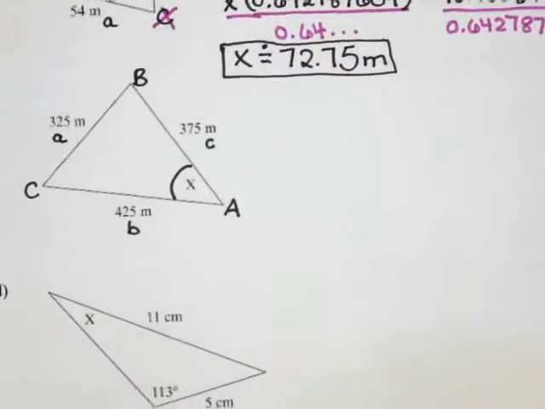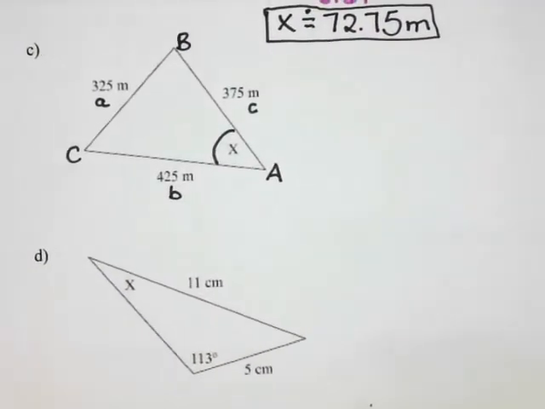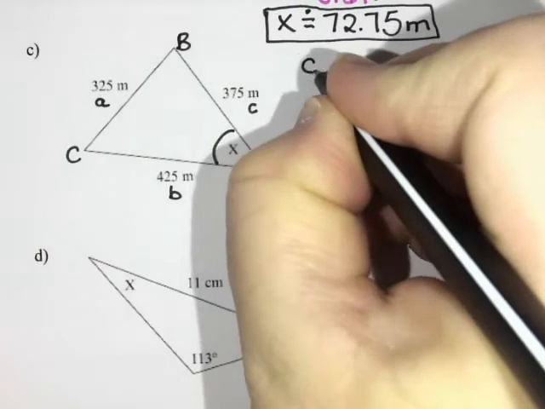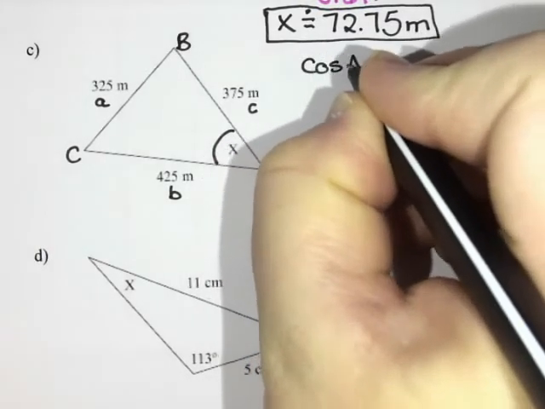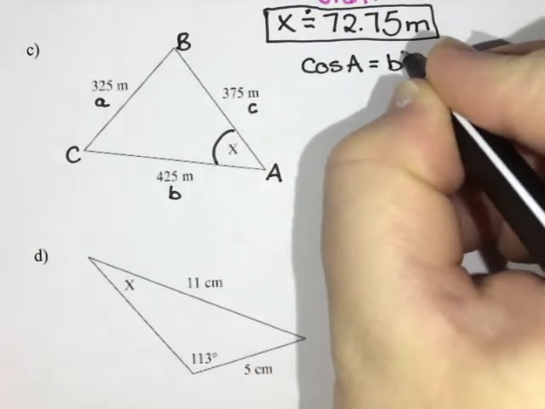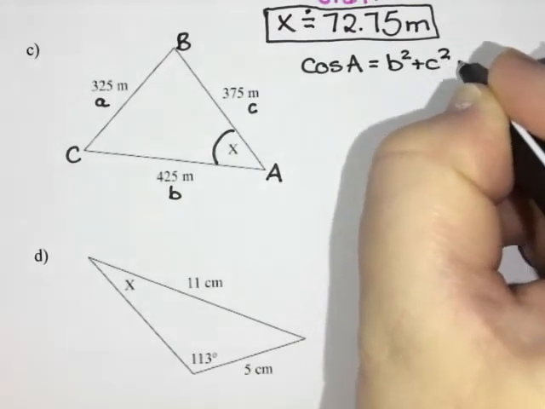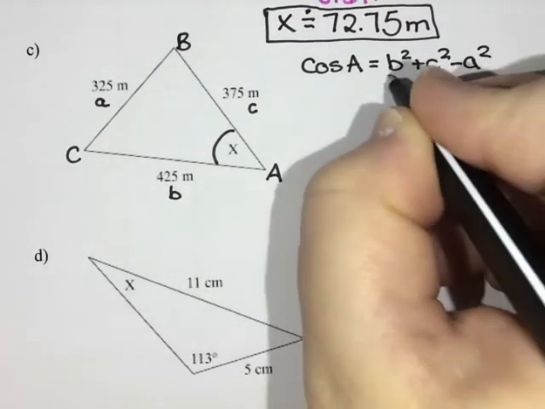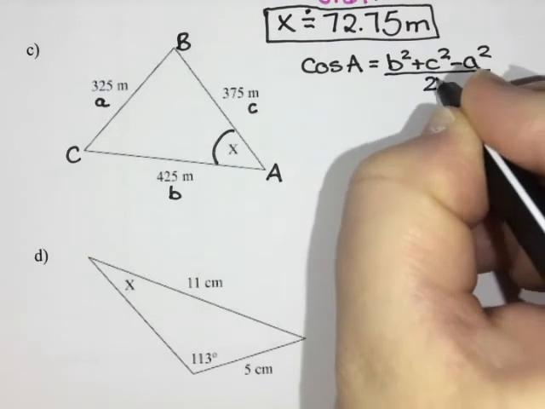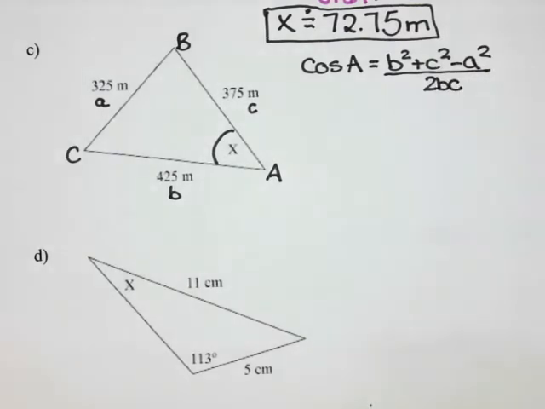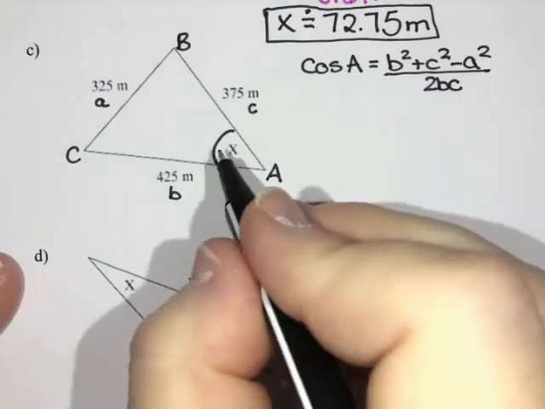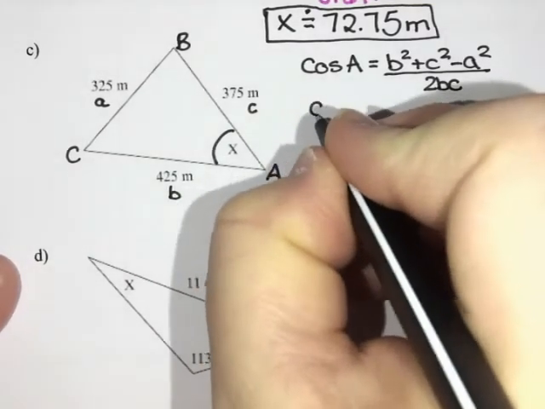So I'm going to write down my formula. So I have cosine of A equals B squared plus C squared minus A squared over 2 times B times C. So cosine of my angle A is x.